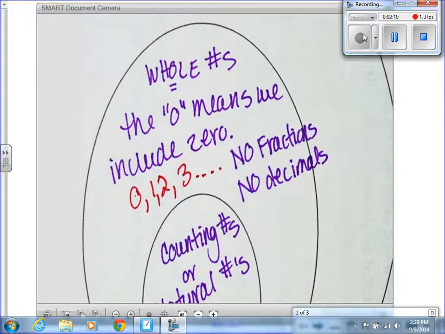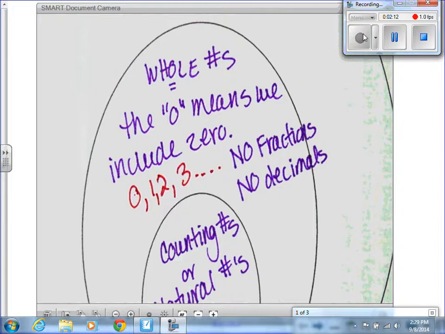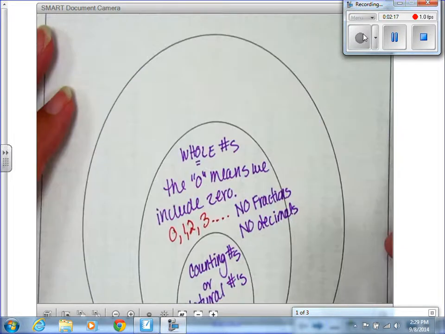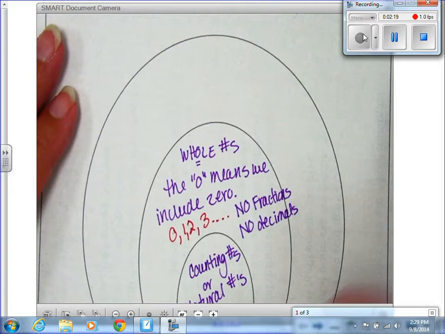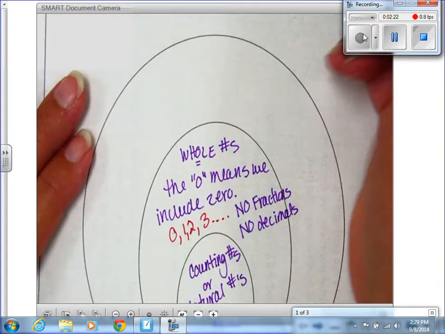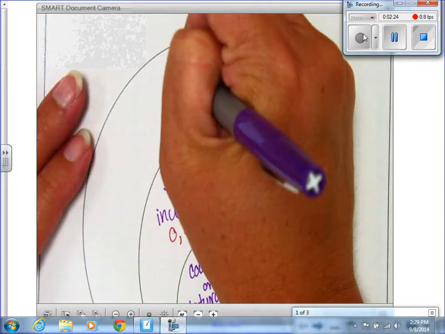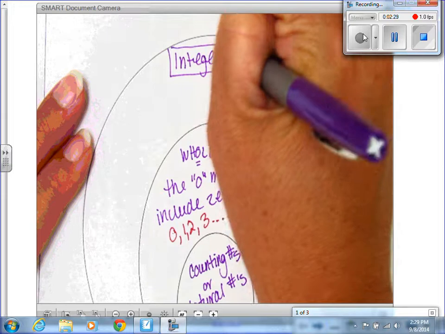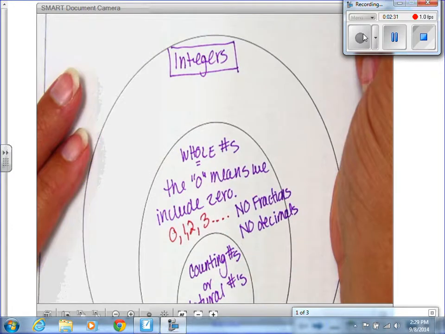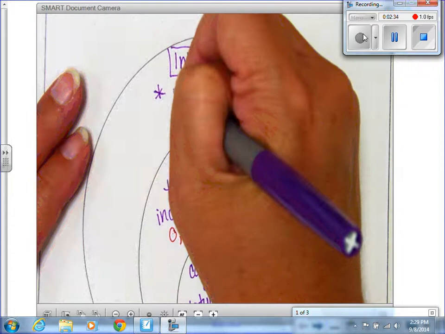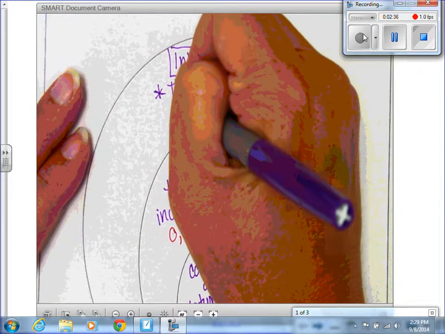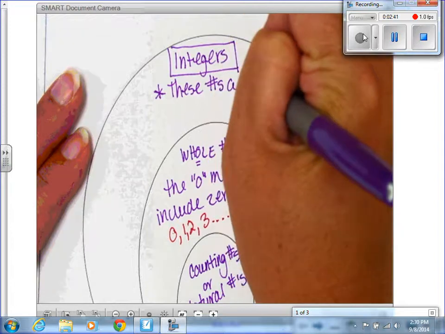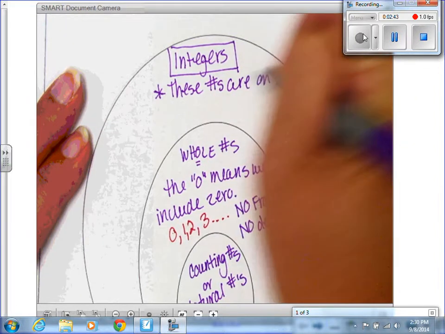As we continue along in school, we start middle school, and now we learn that we also have negative numbers along with all of our whole numbers. So we are calling these now integers. You want to think of integers as being those numbers that we actually have on a number line.